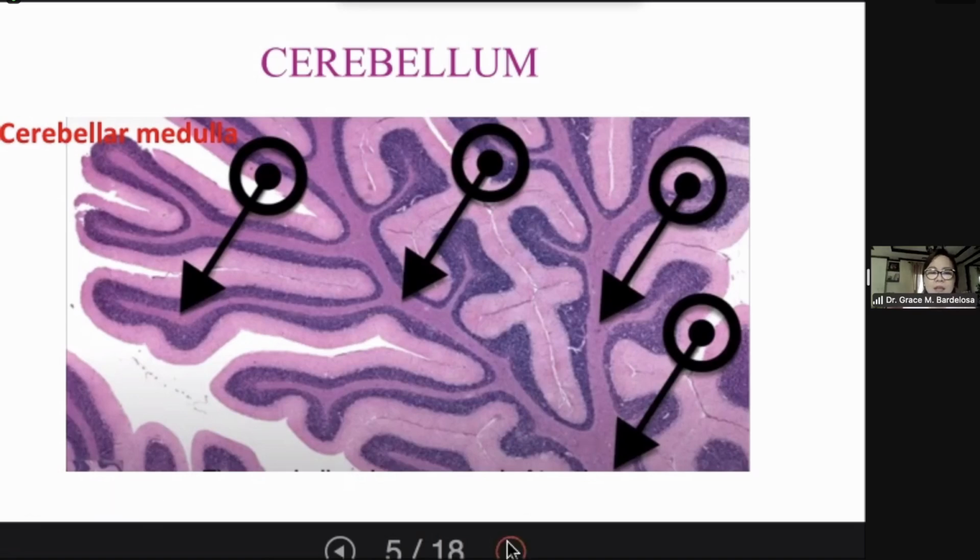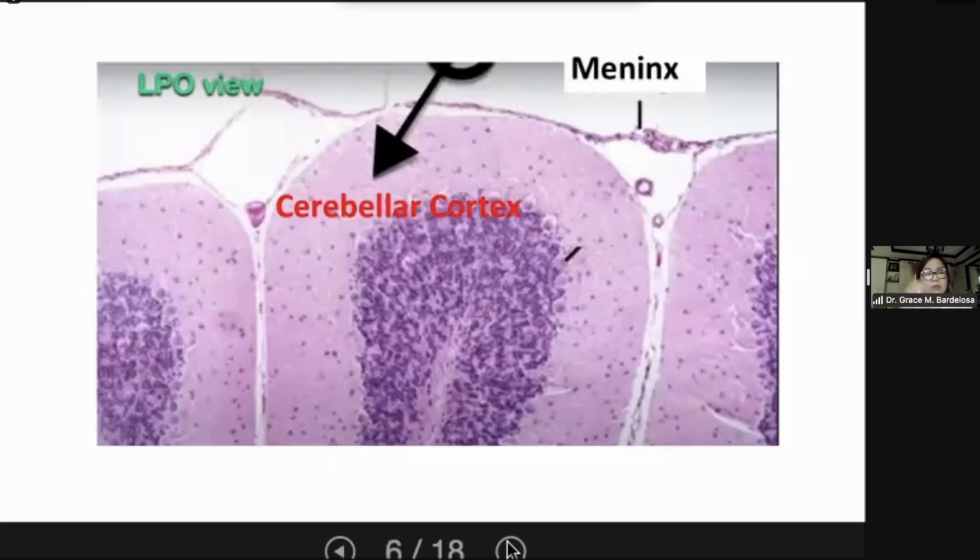The cerebellar cortex is still further subdivided into 3 sublayers. This is the cerebellar cortex, which is very near the pia mater, and the pia mater is part of the meninges.